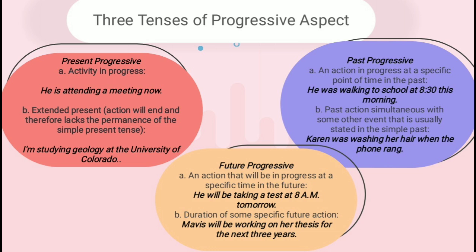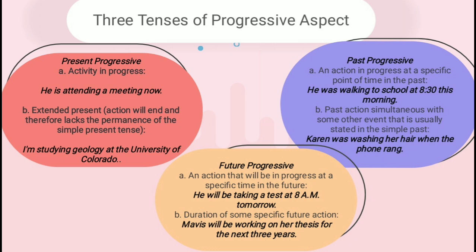So kapag nakita natin yung subject verb na was or were, so it is a specific point of time in the past. So for example, he was walking to school at 8:30 this morning. So nangyari na siya kasi he was walking to school at 8:30 this morning.